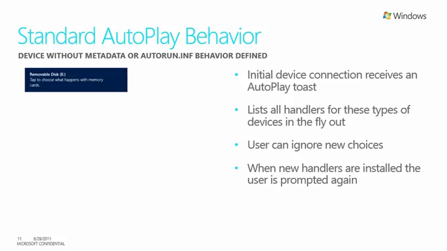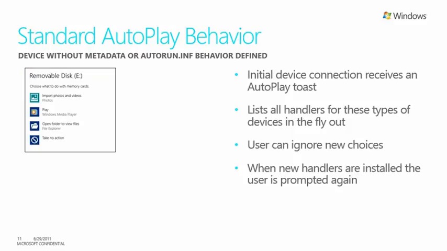So you've probably seen the standard AutoPlay behavior in Windows, where once you connect a device, you get the toast popping up. And once the user selects the toast, they're given options. This is one of the standard AutoPlay workflows. The initial device connection receives the AutoPlay toast, which we just saw. The list of handlers that are identified for that file type or device type is provided in the flyout.